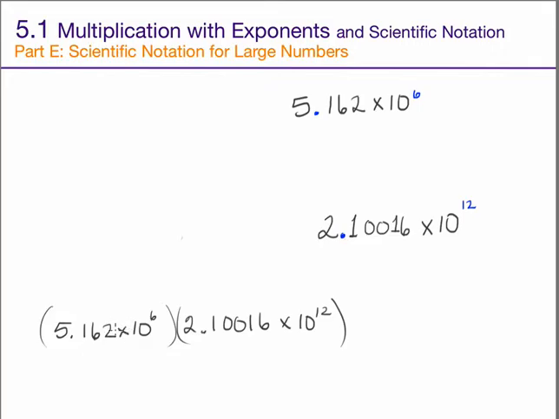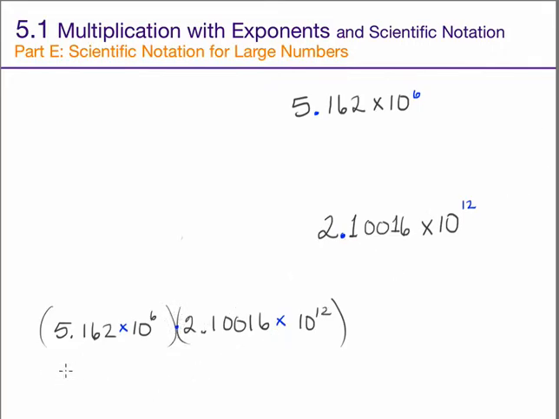This is times, although it's not in the format that we've been using. Here, let me change the color so it's easier to see what's going on. That's a times and that's a times. But this is a times as well.